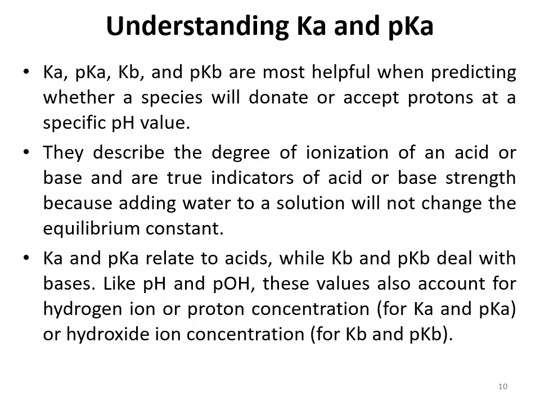Similarly, Kb is the dissociation constant for the base, while Kb and pKb deal with the bases, like pH and pOH. These values account for hydrogen ion or proton concentration for Ka and pKa, or hydroxide ion concentration for Kb and pKb.